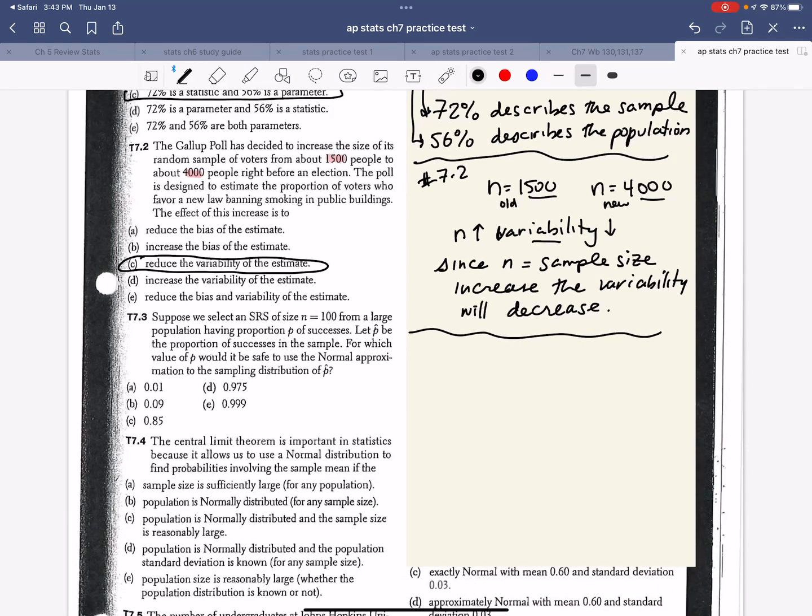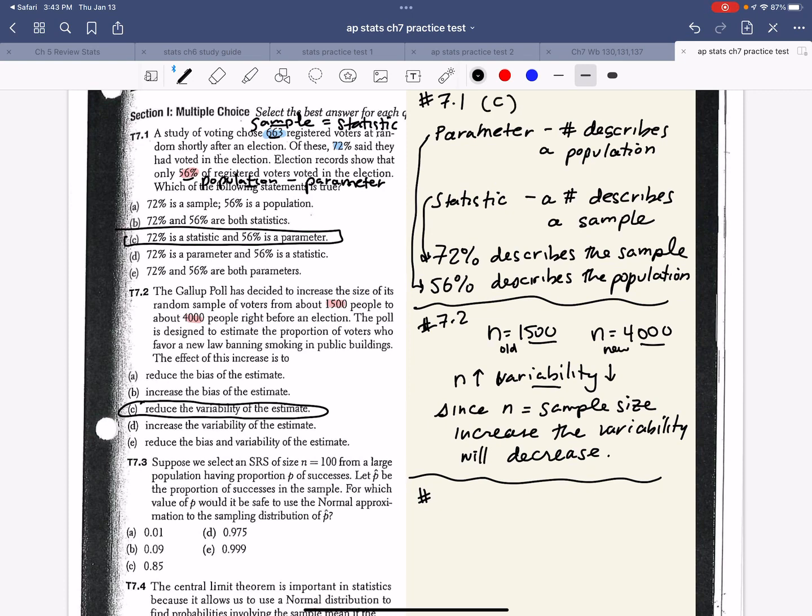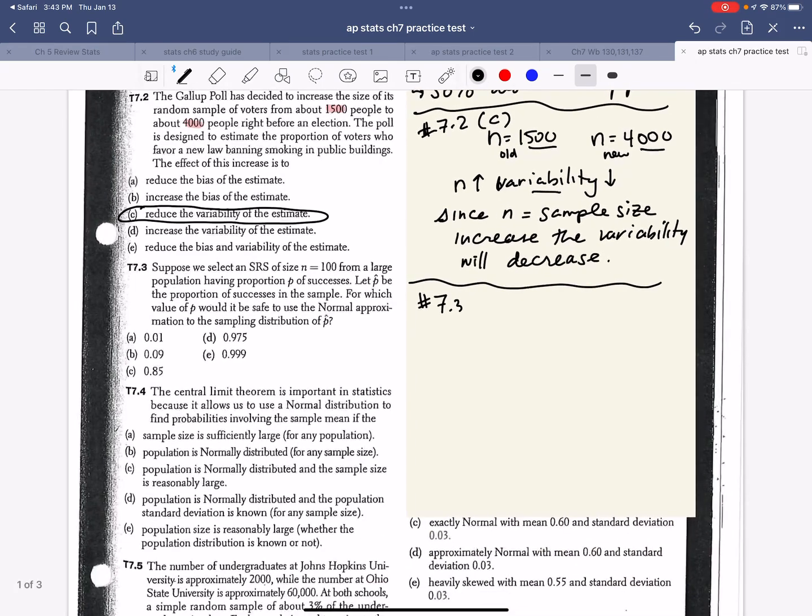Question number 3. So yeah, this one we got C and this one we got C. All right, number 7.3. Suppose we select an SRS, N is 100, from a large population having a population proportion of P number of successes. Let P hat be the proportion of successes in the sample.